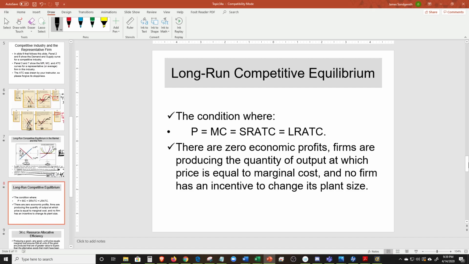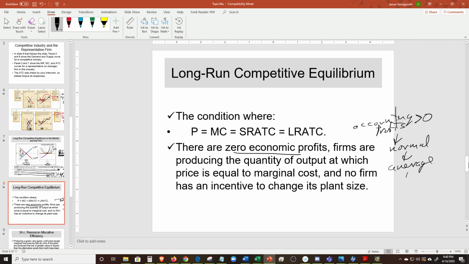And so here we go. Long-run competitive equilibrium: zero economic profits, though accounting profits are greater than zero. They are normal, in other words, average.